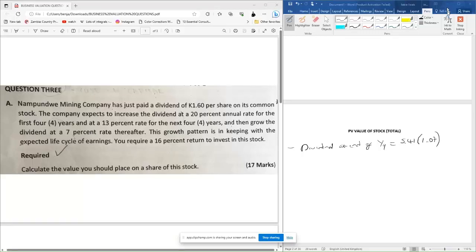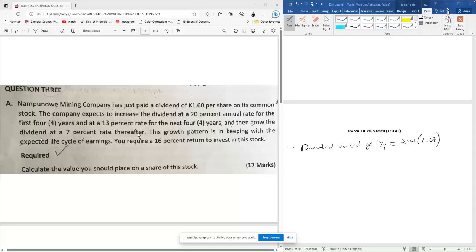And we know that we're dealing with period after period, or after year 8, and the growth rate. The question says to grow the dividend at a 7% rate thereafter. So there's no defined period, right? If there's no defined period, that means our power, or our time period, is going to be nothing because it's not defined. So it's going to be more like a perpetual growth in dividends.